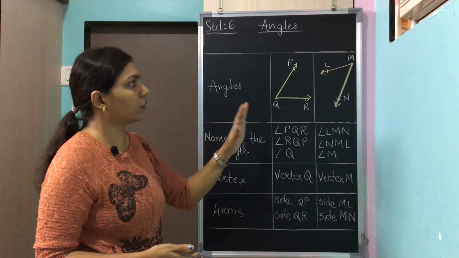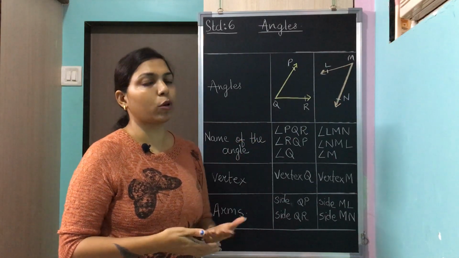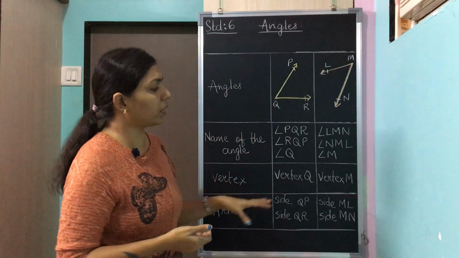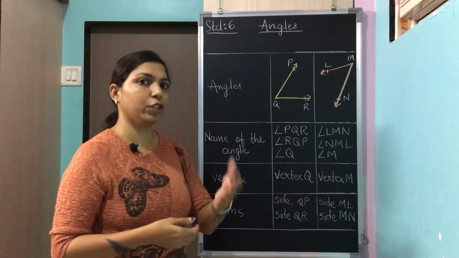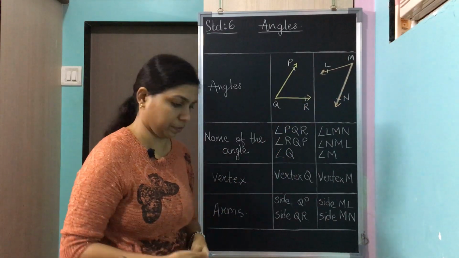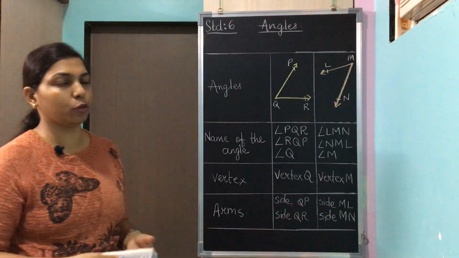So this is what we have done for the first two angles. There is one more angle given in your textbook. You can fill up this table according to what we have done for these two angles. I'm giving you a minute's time, you can copy this down.